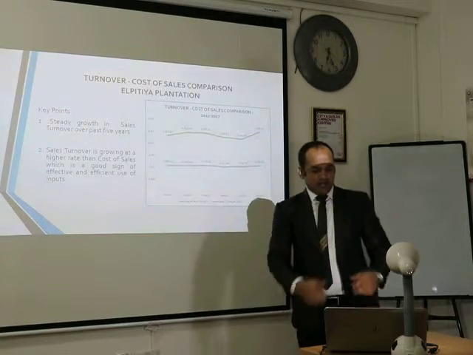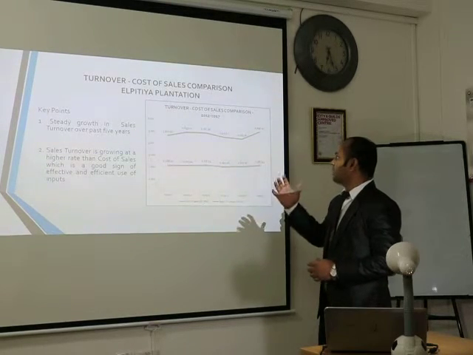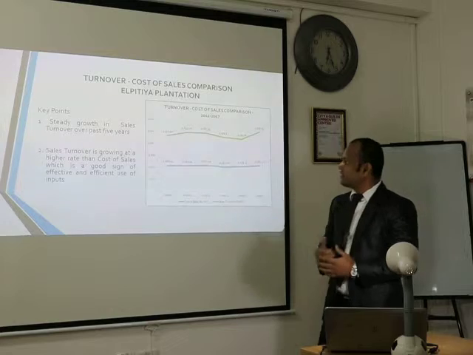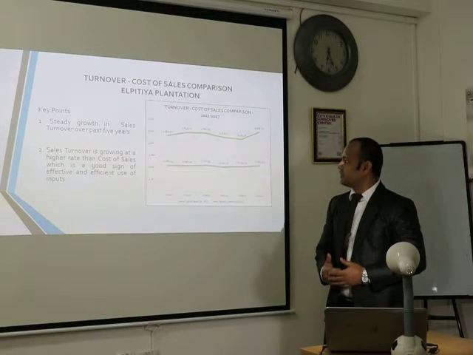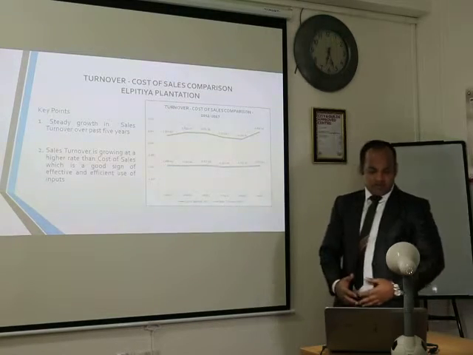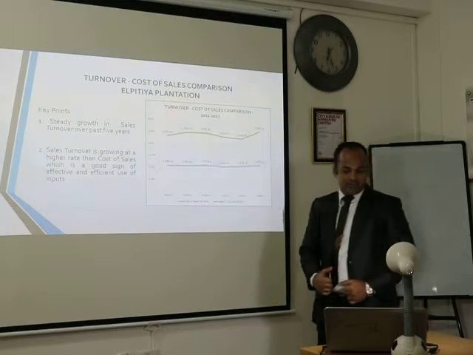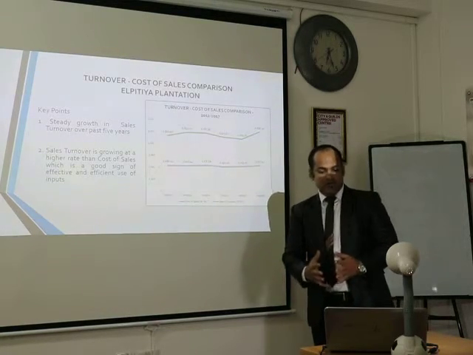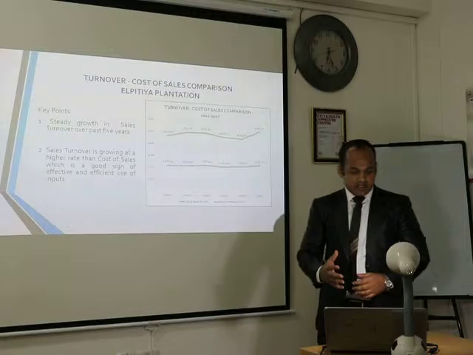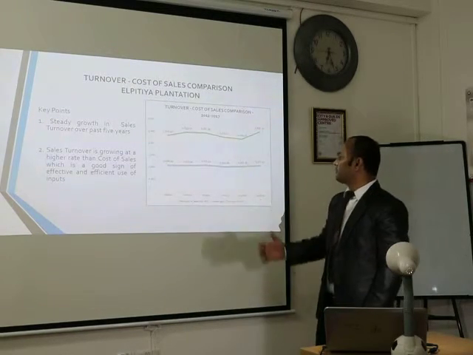And my next slide is on the comparison of cost of sales and the sales turnover. As you can see in the graph, there is a steady growth of the sales over the period of 5 years, and also there is a dramatic increase in the sales turnover in 2016 to 17.